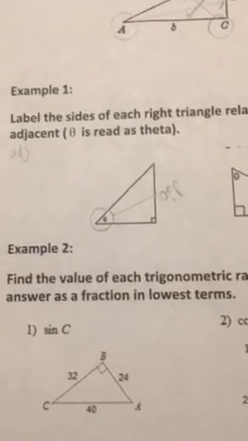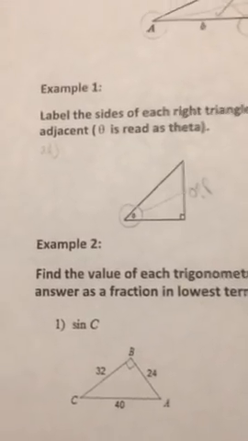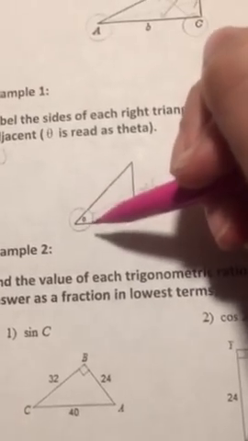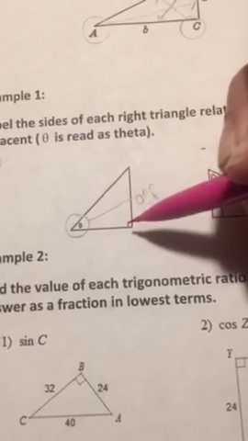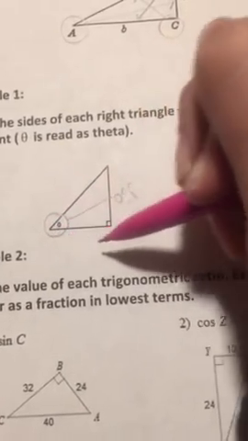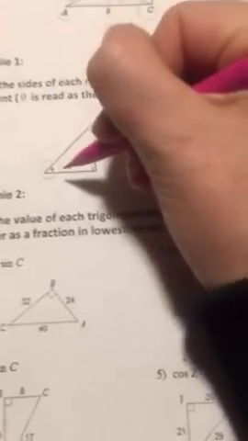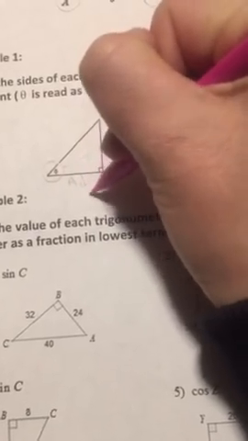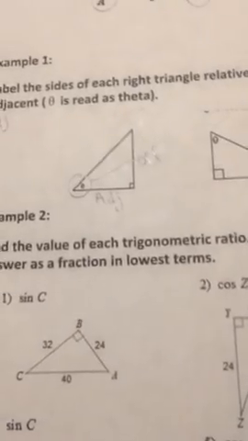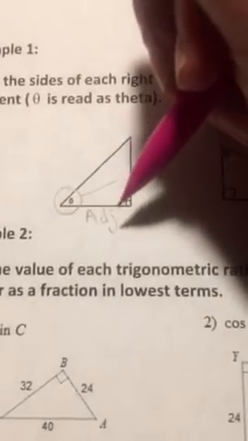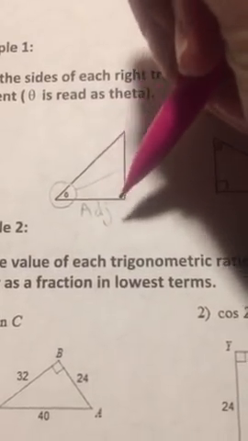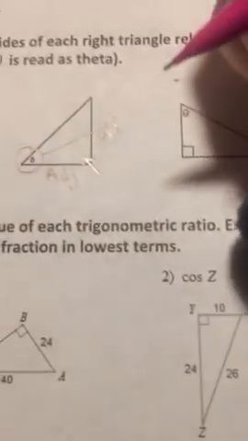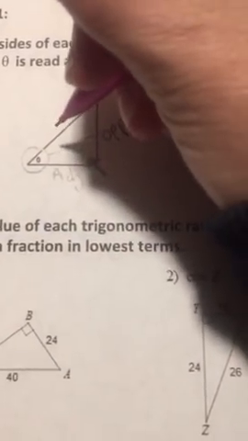So like a wall that is shared between two rooms is an adjacent room. This side is between the two angles. It will be labeled adjacent. And the hypotenuse is across from the 90-degree angle, almost like the 90-degree is an arrow. That is the hypotenuse.